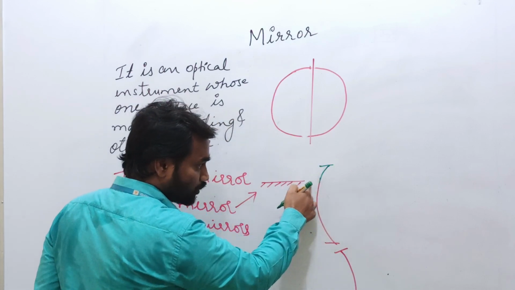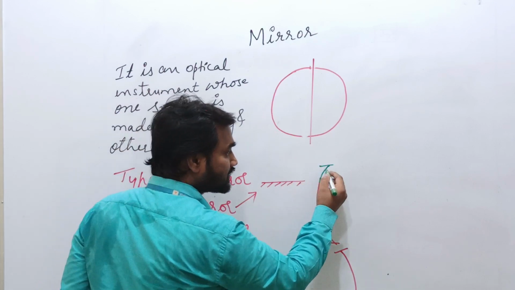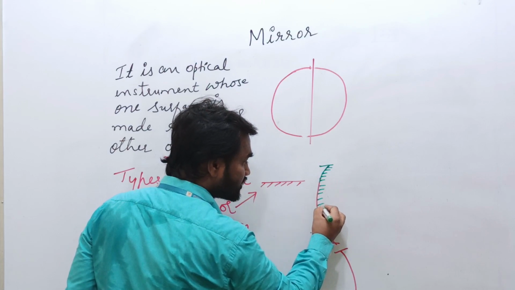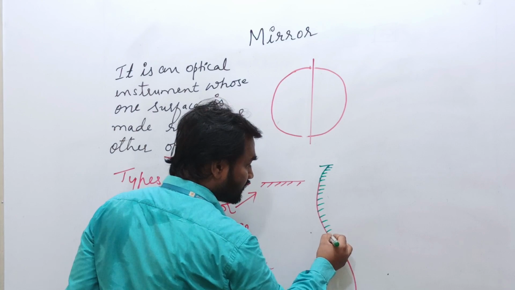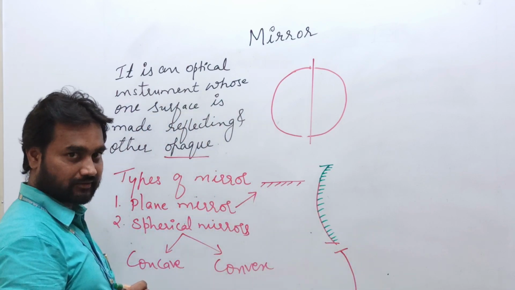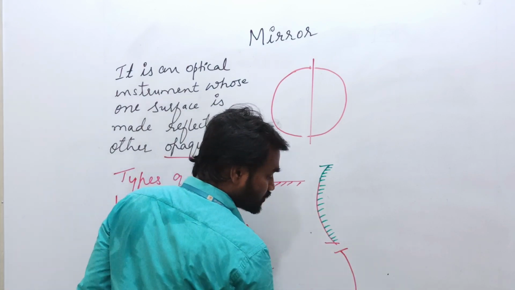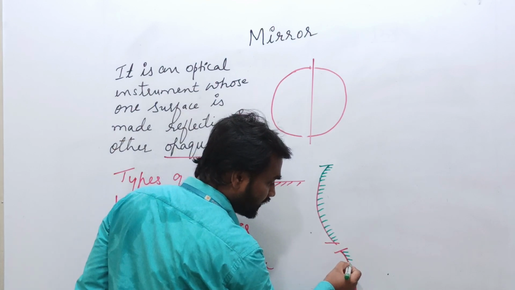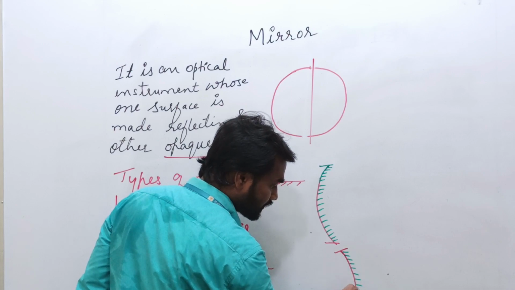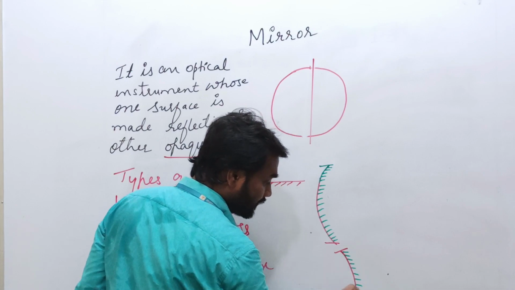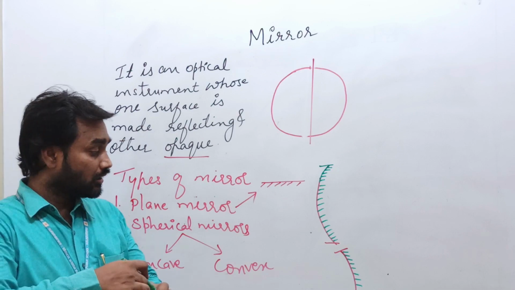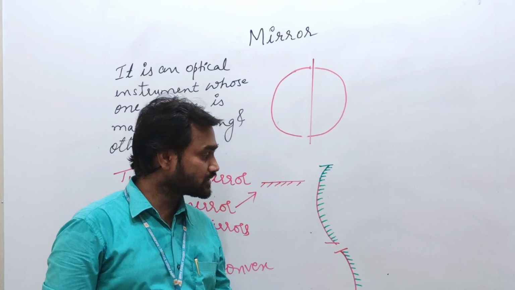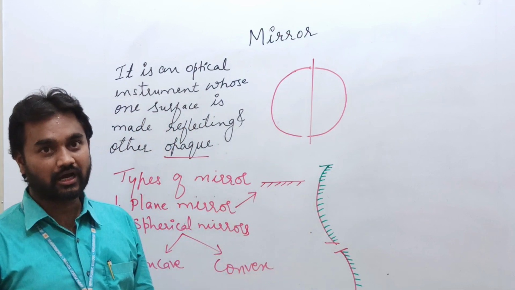That means this would be the reflecting surface, and the shaded one would be the non-reflecting surface. And this other one is curved inwards, so the shaded outer side is non-reflecting, and the inside is the reflecting surface.